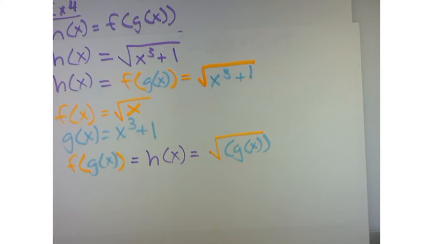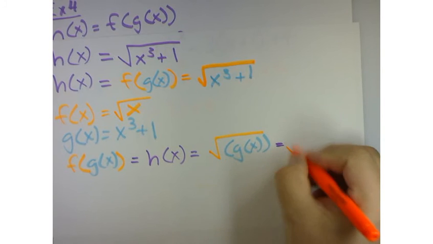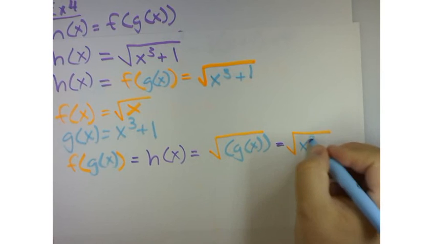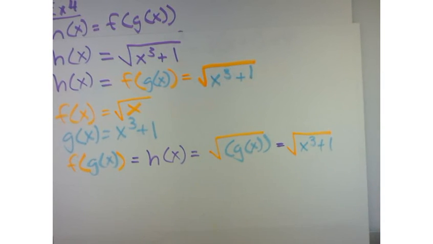And then in the very next line, what is that? X cubed plus 1. Does that make sense? Any questions on that? No?